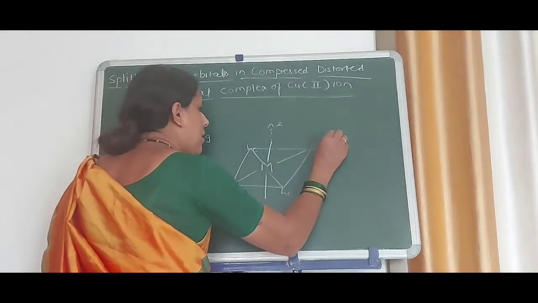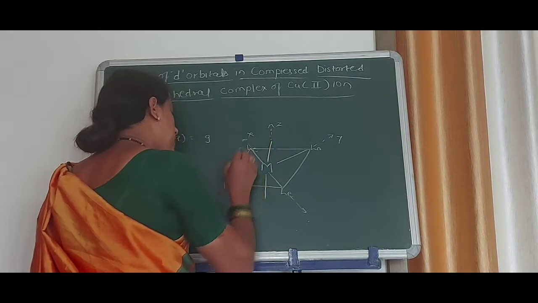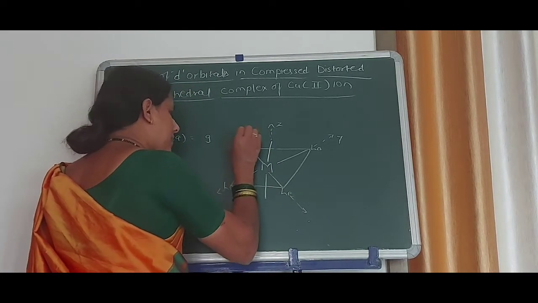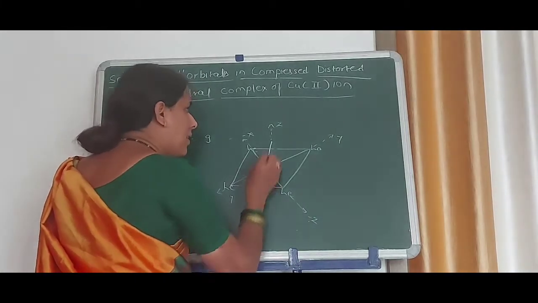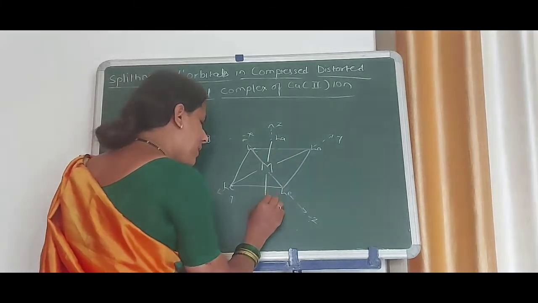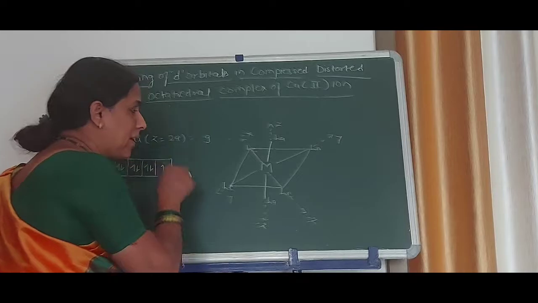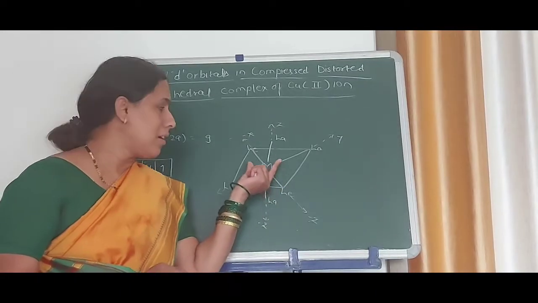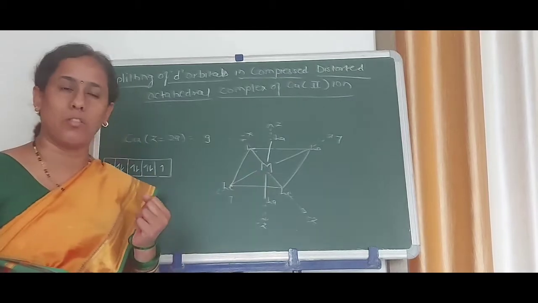This is the y axis, this is the x axis: x, minus x, y, minus y and z, minus z. Here the ligands are represented along the z and minus z axis. This is the geometry of a compressed distorted octahedral complex.